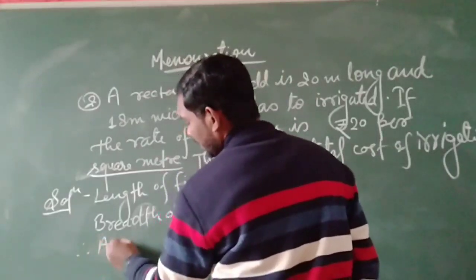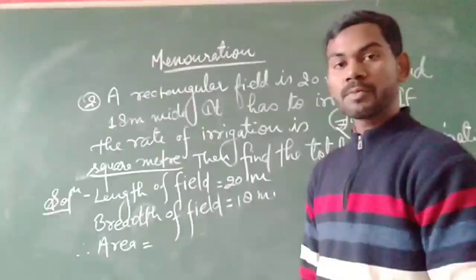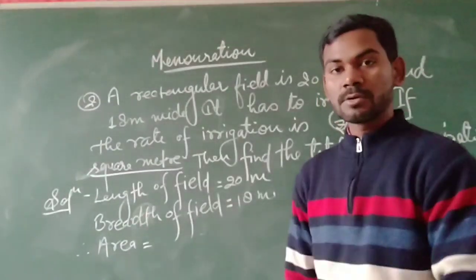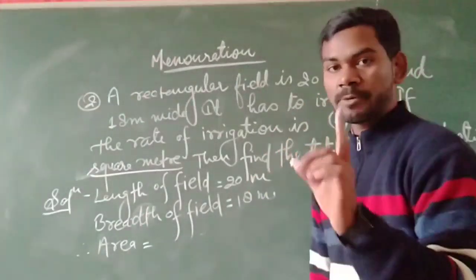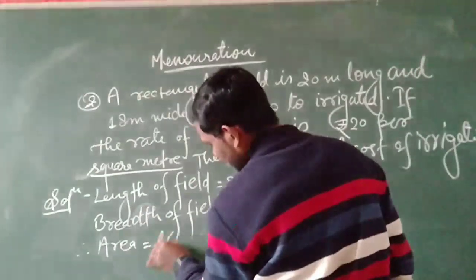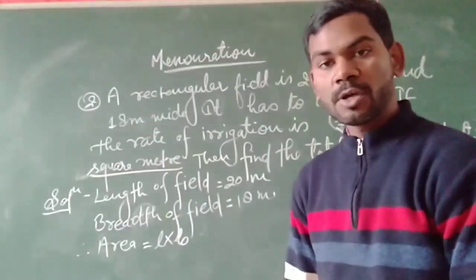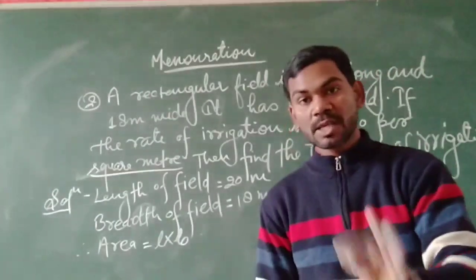Therefore, how do we find the area? We use the formula: area equals the product of length and breadth of the rectangle. So L into B is the formula through which we find out the area.